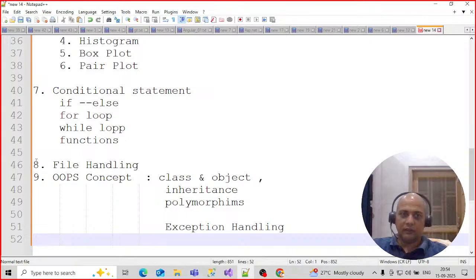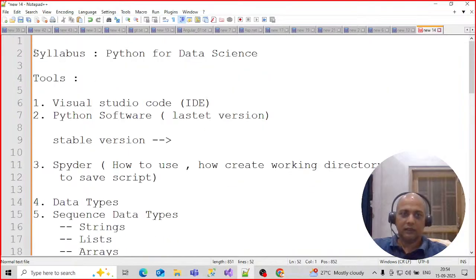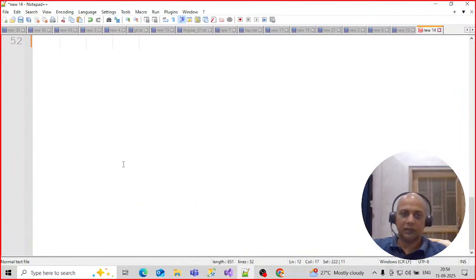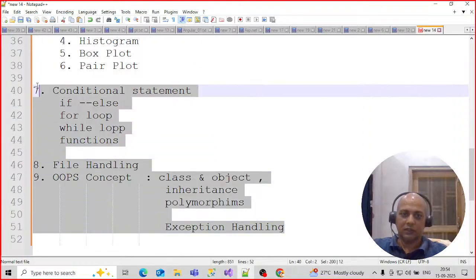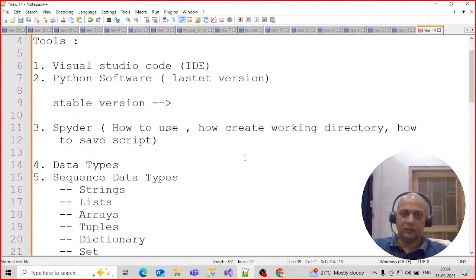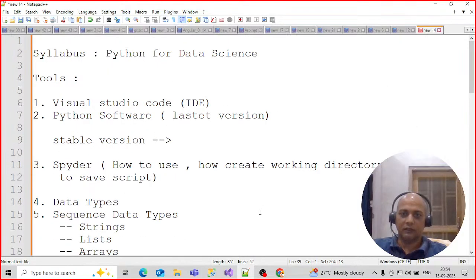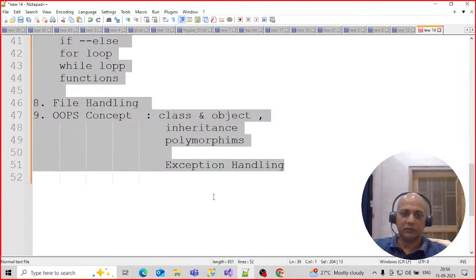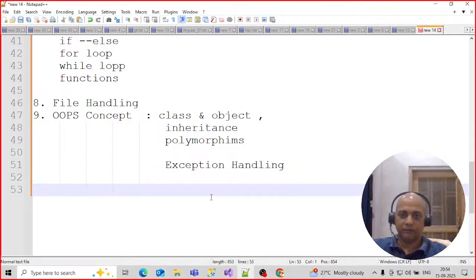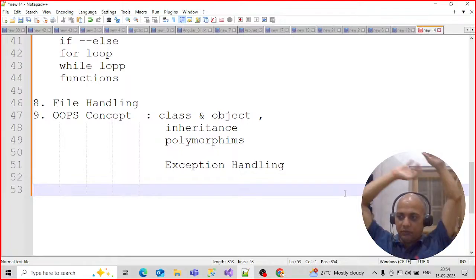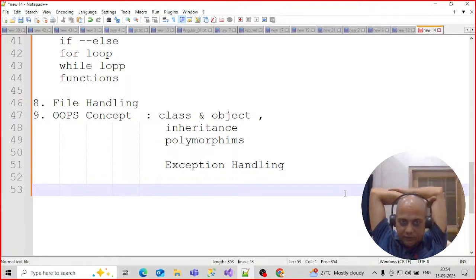So I don't think this is the final syllabus. We will try to complete most of the things, whatever syllabus is covered at MIT, IITs, and other top universities, right? So we will not skip any of them. Because in the first semester, if you understand the basics, then you will go into problem solving, correct?